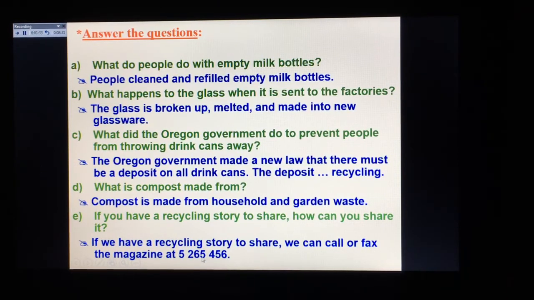So that's the number in foreign countries. Now here is the basic information about the text today. You try to correct your answer.